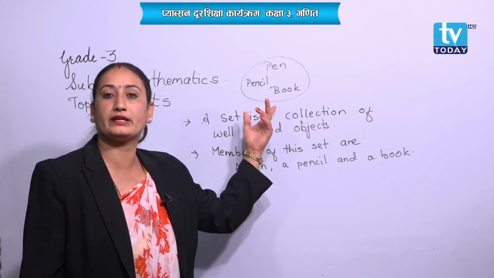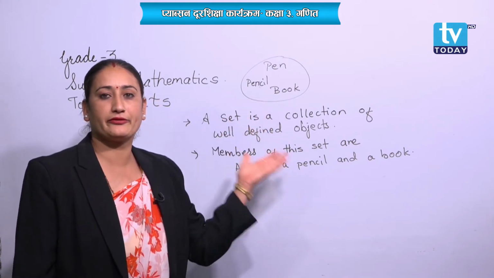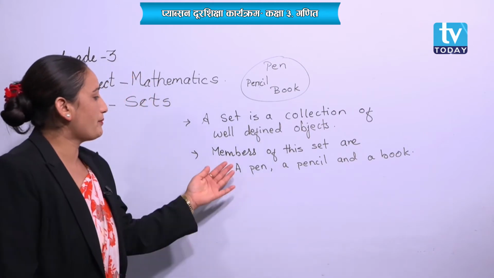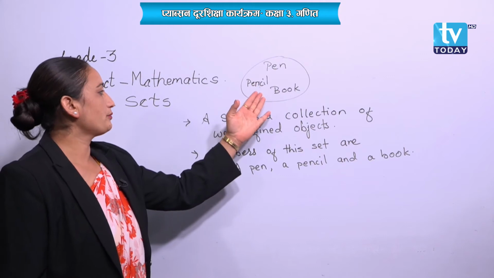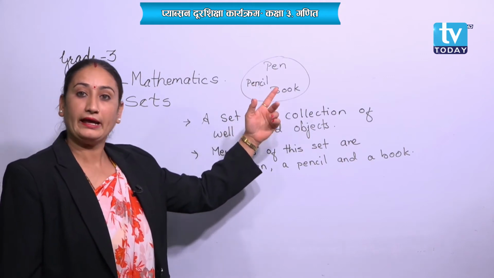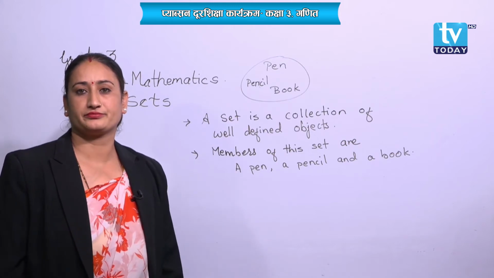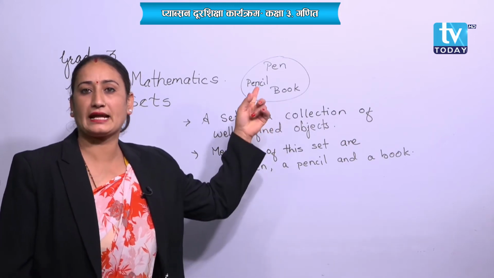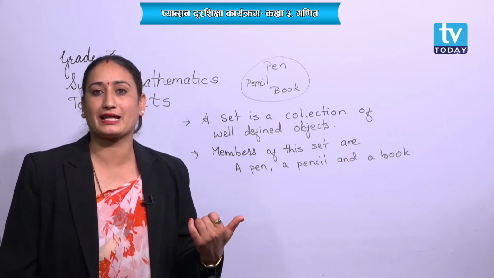That means you know the name of that object, right? So, we can say it is well-defined objects. The members of this set are the pen, pencil, book. Is an apple over there? Does apple belong to that set? No. That means it doesn't belong to that set.